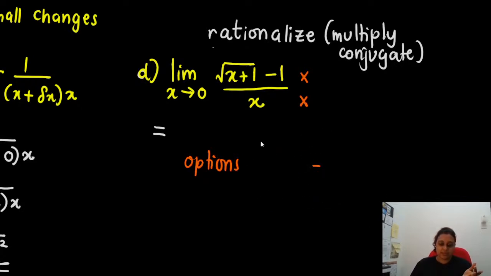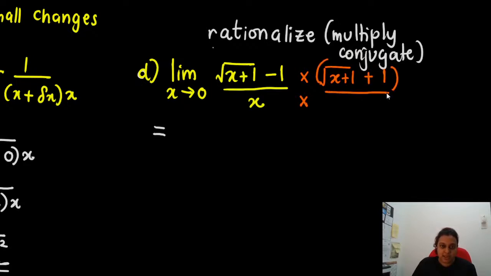So now we multiply with square root of x plus 1, plus 1. We are changing the one outside. This is our conjugate.